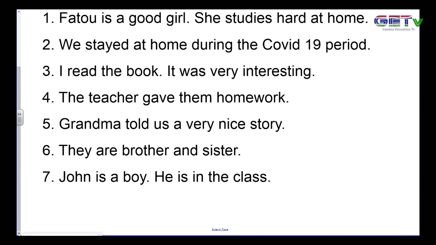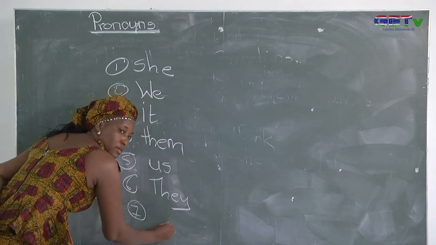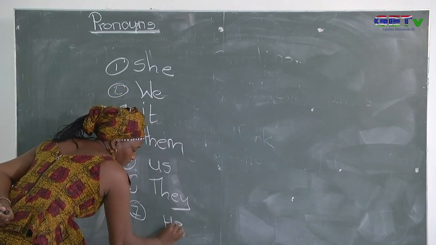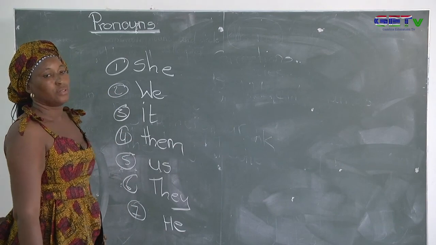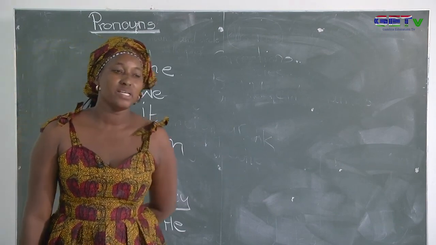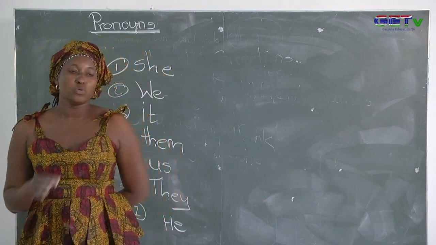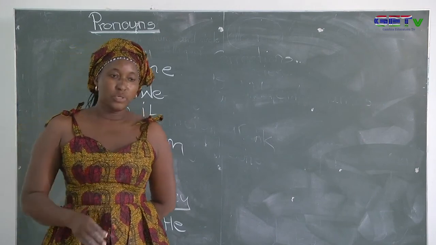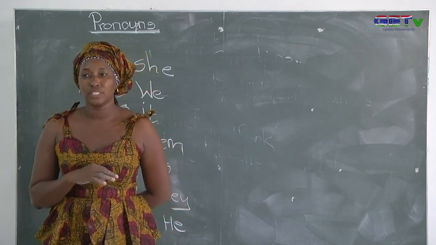He is in the class. The pronoun for number 7 is he. To avoid repeating the noun John, we use he in the place of John.